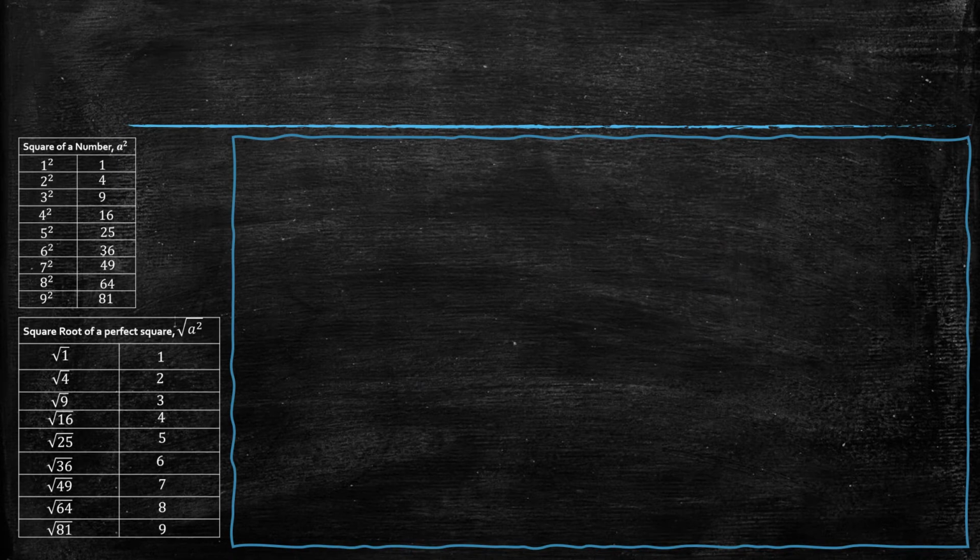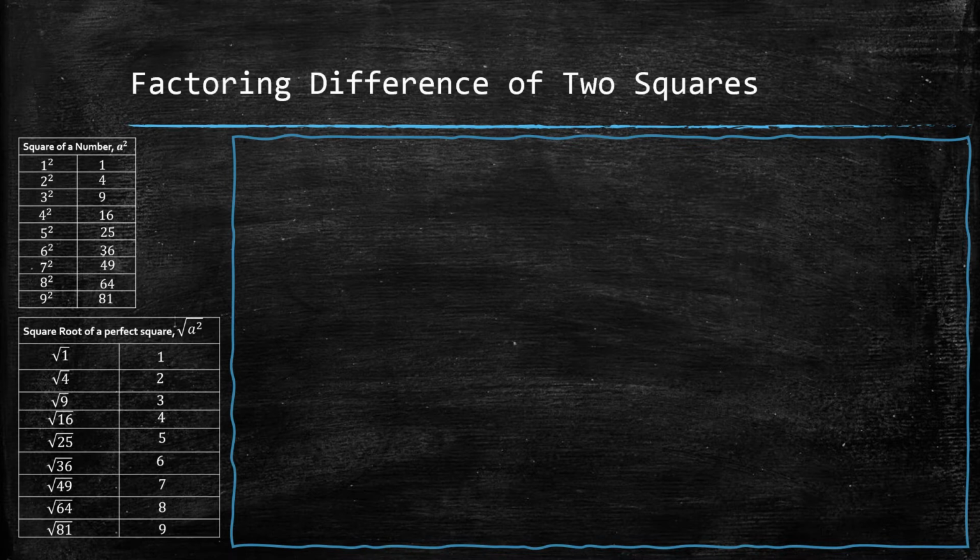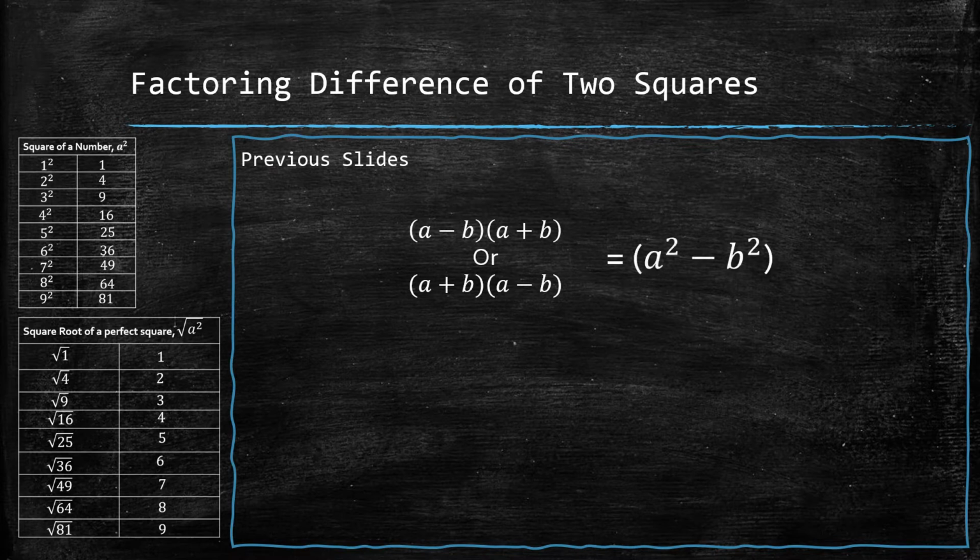Next, we have our next example. We are now going to factor the difference of 2 squares. Unsaong pag-factor sa difference of 2 squares? Okay. So, butang lang natin previous nato nga slide niya, class. Okay? Para dili mo masaad. Okay?